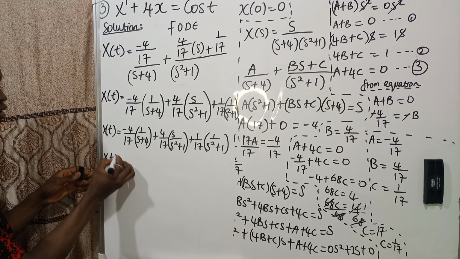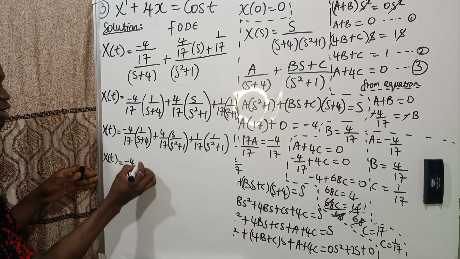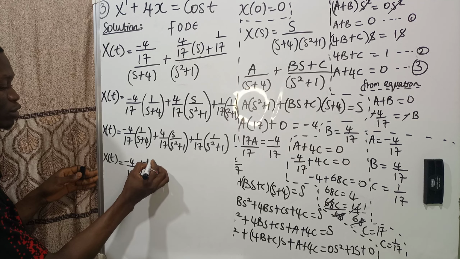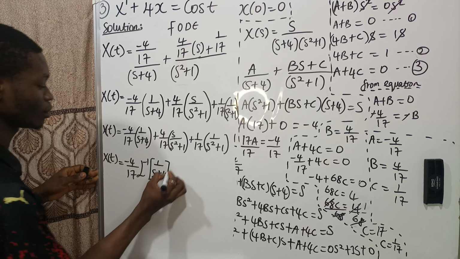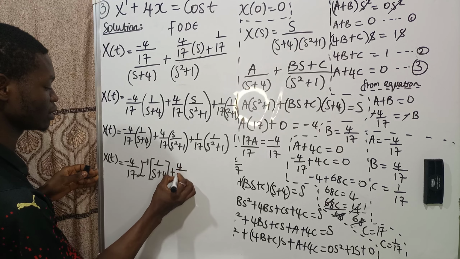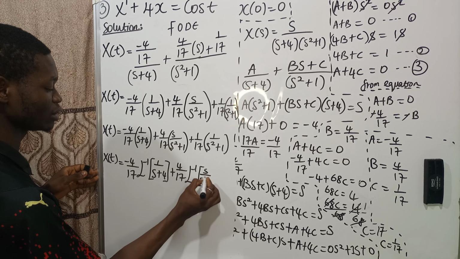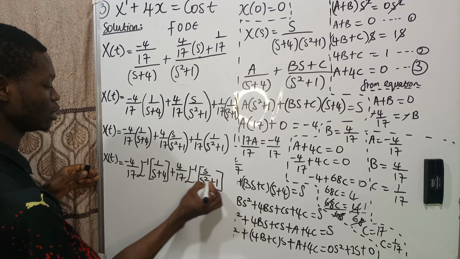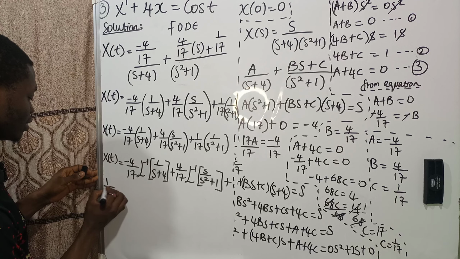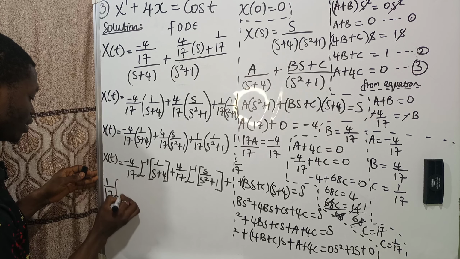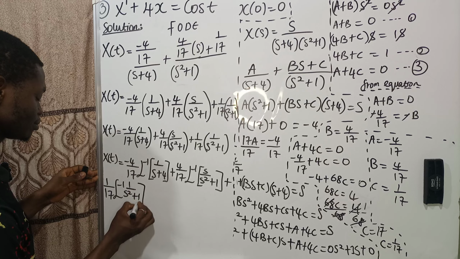So our x of t will be minus 4 over 17 times the inverse Laplace transform of 1 over s plus 4, plus 4 over 17 times the inverse Laplace transform of s over s squared plus 1, plus 1 over 17 times the inverse Laplace transform of 1 over s squared plus 1.